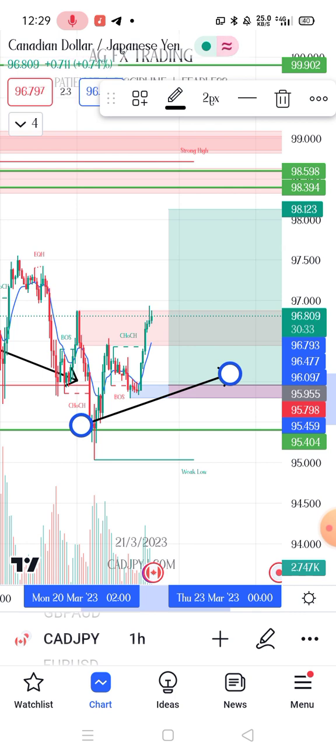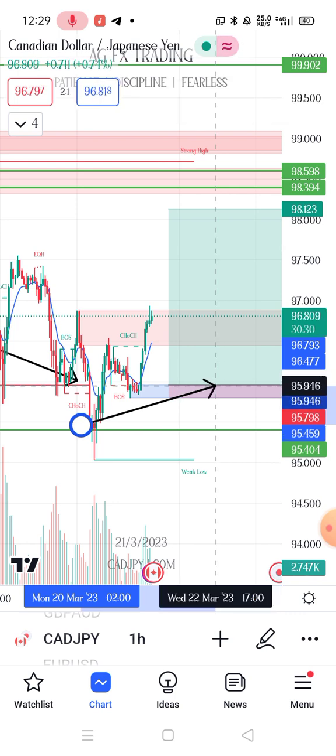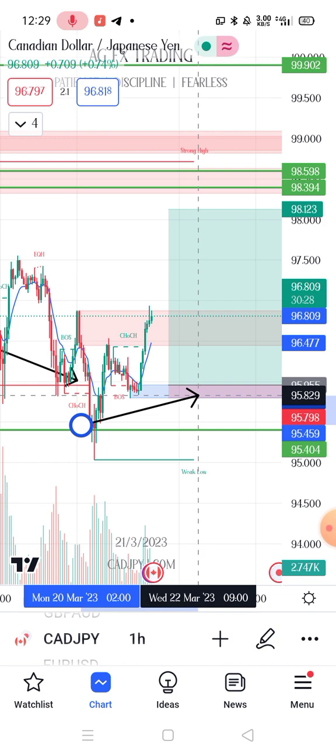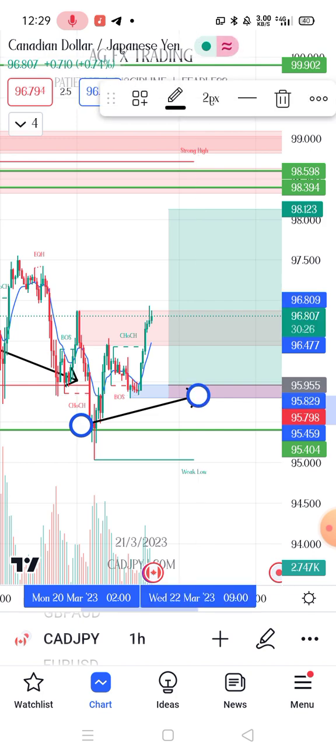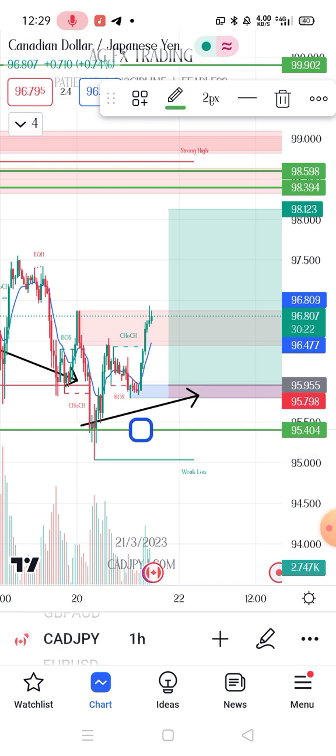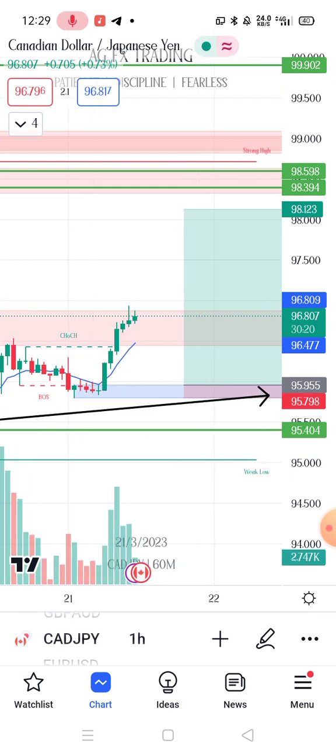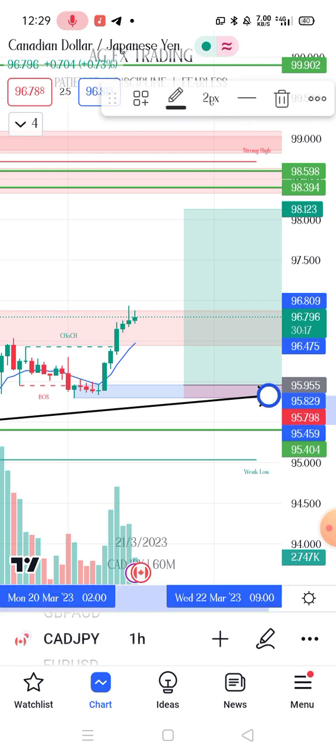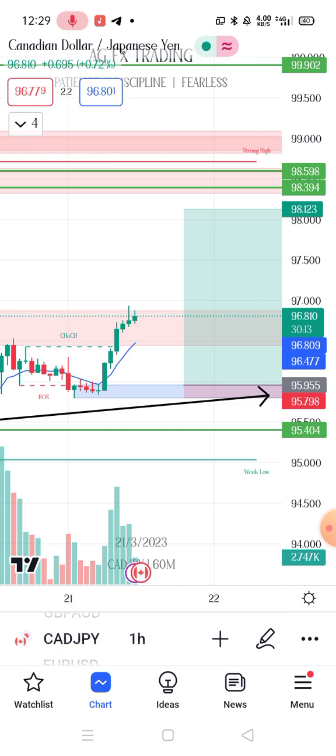Right now my trade isn't running, but when it hits this black line here, it should start running. When it goes haywire and goes down to this place, I know my analysis is wrong.